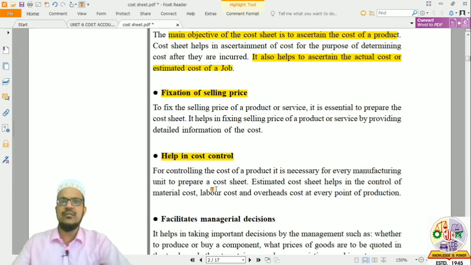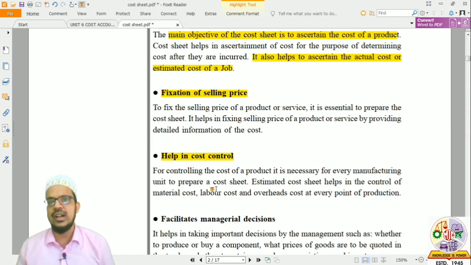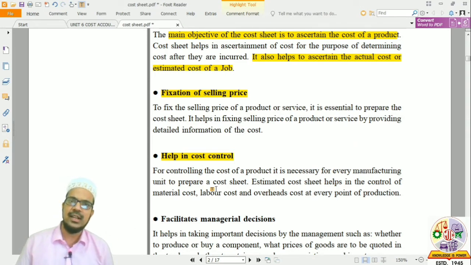So when we prepare cost sheets periodically, we can compare the cost sheets of two different periods. For example, I have prepared a cost sheet for 2019-20 and I had also prepared a cost sheet for 2018-19.